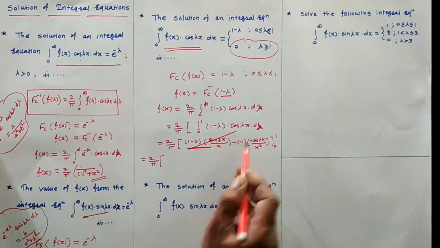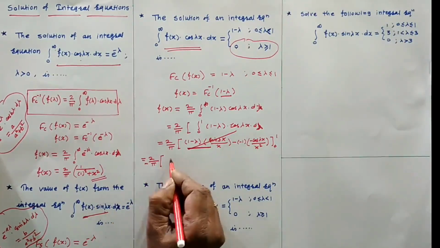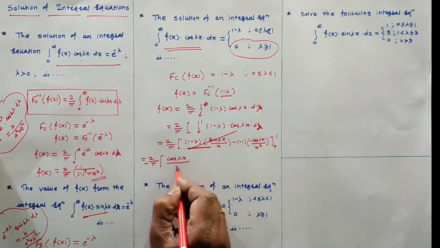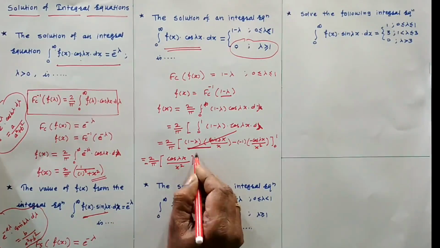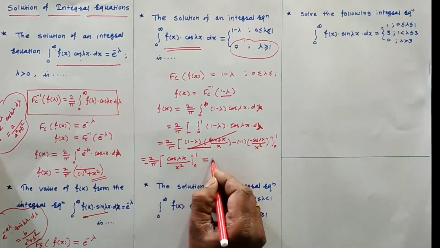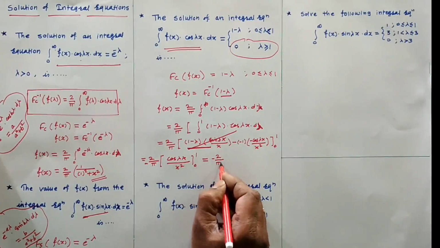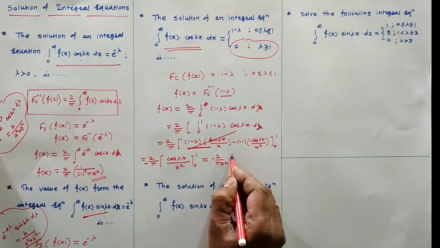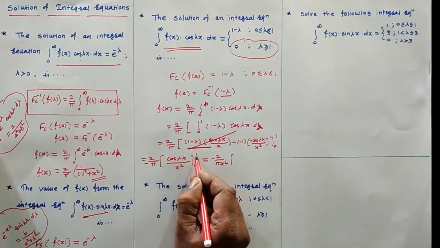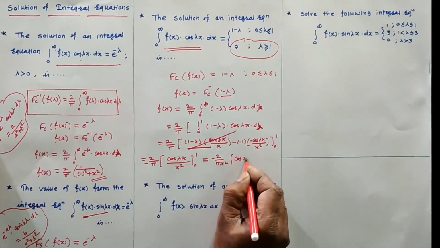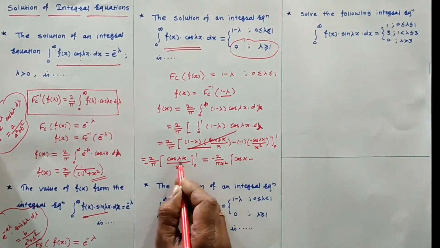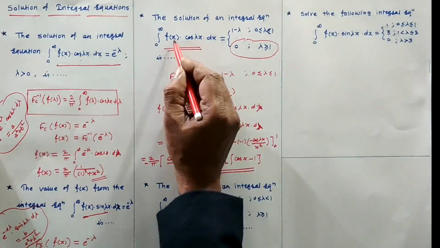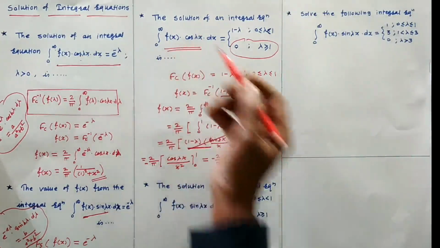So what remains is minus cos(lambda x) by x square, from 0 to 1. Minus 2 by pi x square. X is constant, lambda is the variable of integration. Remember, put lambda equal to 1, cos x only, minus put lambda equal to 0, cos 0 is 1. This is the value of f(x), or the solution of this integral equation.